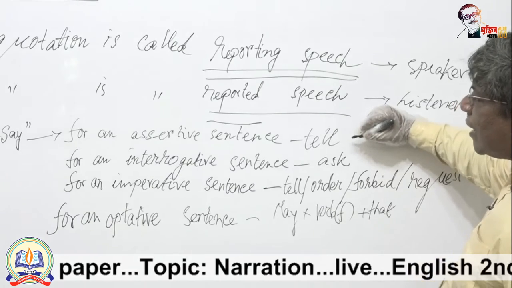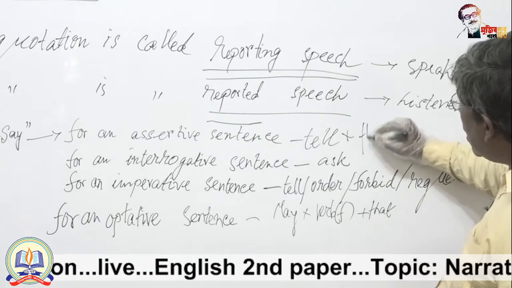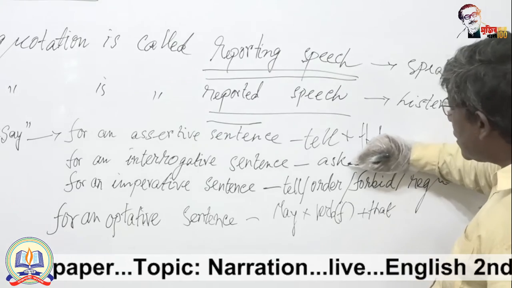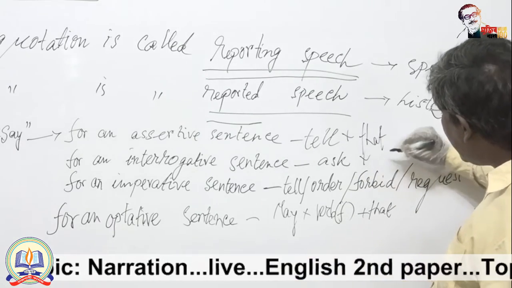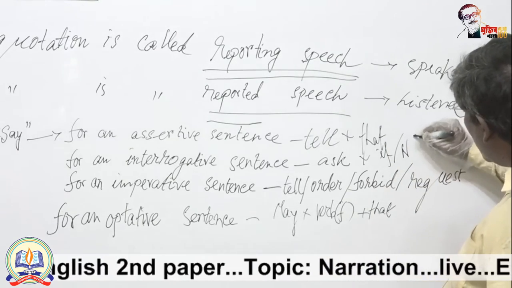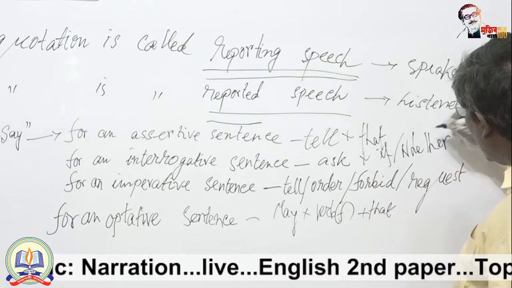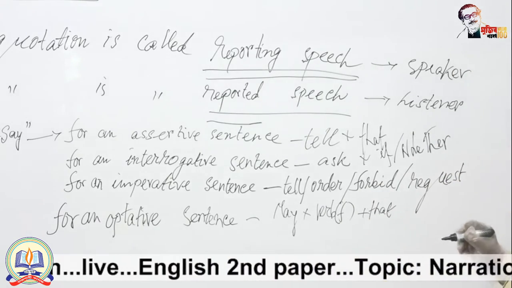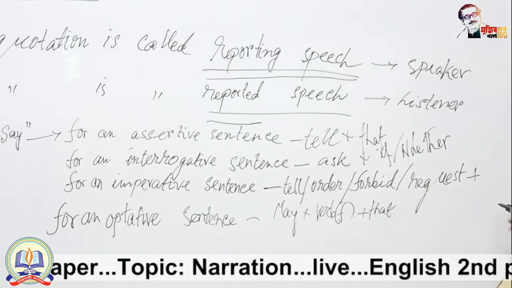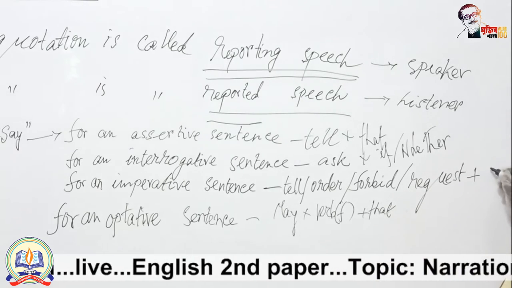Well, for an assertive sentence in the reported speech, we use tell and that. For an interrogative sentence, we use ask and if or whether. Similarly, for an imperative sentence, we use tell or order or forbid or request plus to.